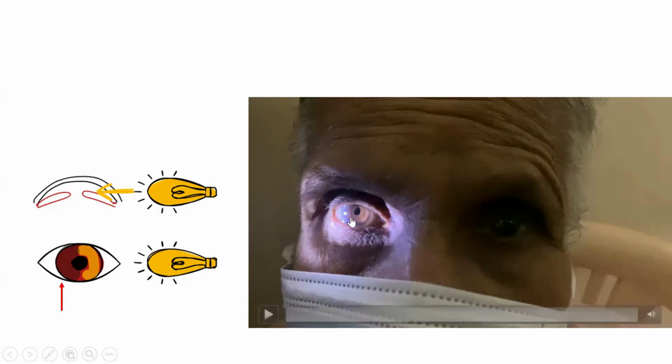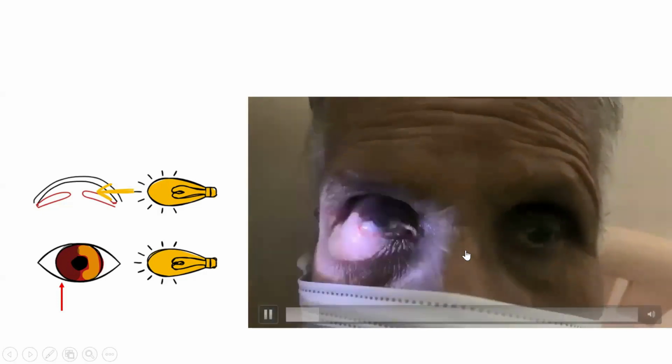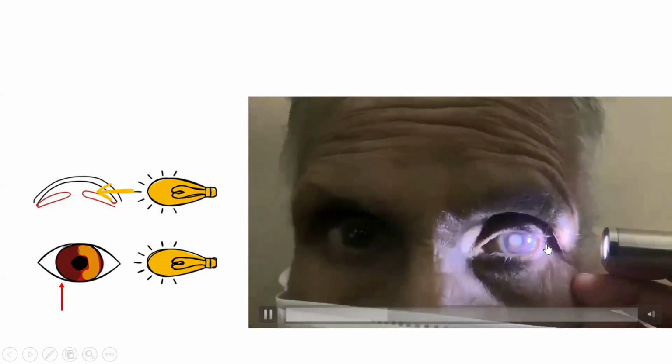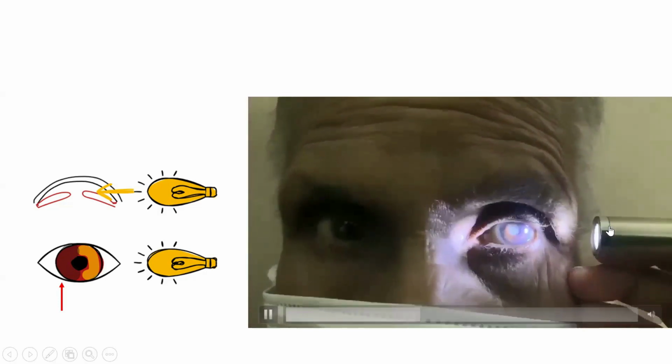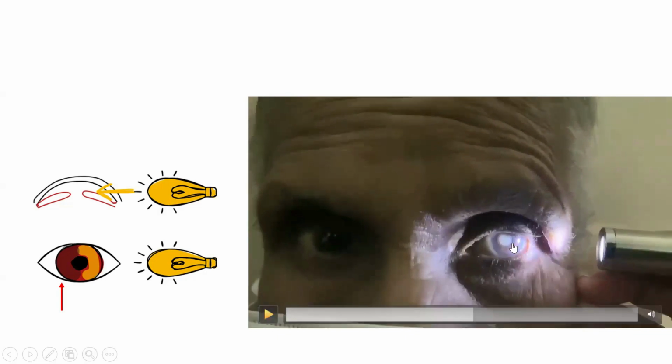We'll see what happens in this patient. If I throw light on the left eye from the temporal side, the nasal half of the anterior chamber is not well illuminated. This is called the eclipse sign because the anterior chamber is shallow here.